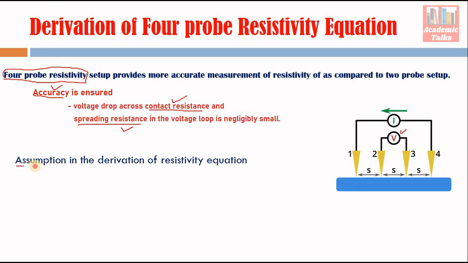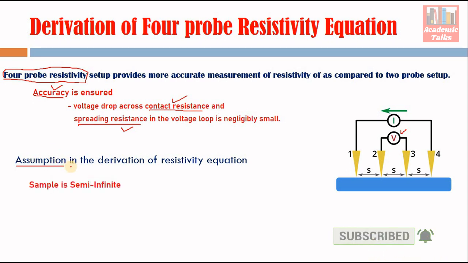These assumptions are very important because everything depends on them. And if these assumptions are not met, then we need to apply some correction to the result. But in the beginning we will assume that all the assumptions with which we are starting are true, and there is no need of any correction in the equation. So first we have to see what those assumptions are.